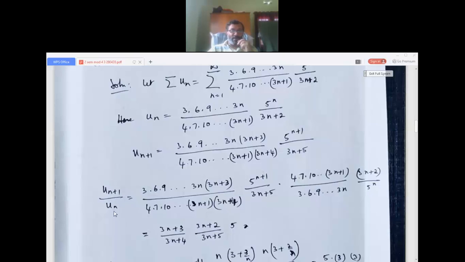So divided by un. Un is here, it will be reciprocal because it is divided. When multiplying, it will be reciprocal, so the denominator will be the numerator and the numerator will be the denominator. So we get 4 into 7 into 10 goes on till 3n plus 1 divided by 3 into 6 into 9 till 3n, into this also reciprocal, 3n plus 2 divided by 5 power n.